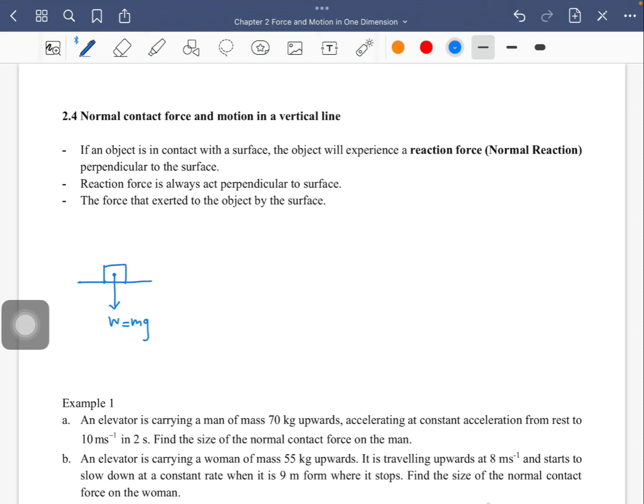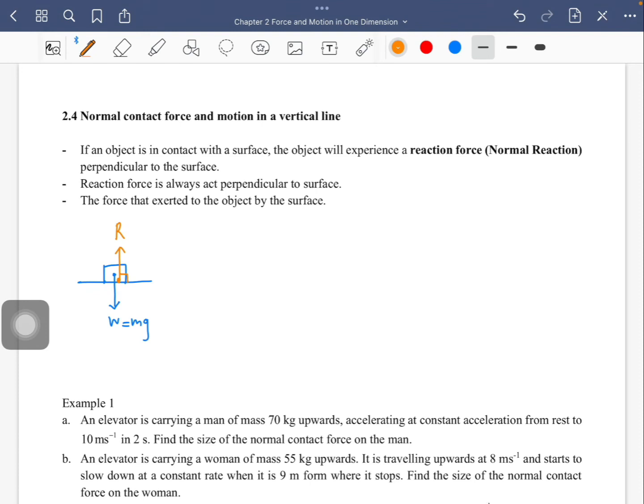So how do we draw it? It is actually from the floor surface, acting on the object vertically up. And usually we denote it as a capital R for the normal contact force or normal reaction force. And it is always acting perpendicularly from the surface.